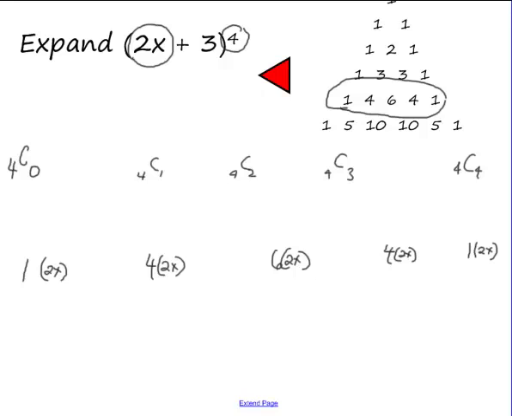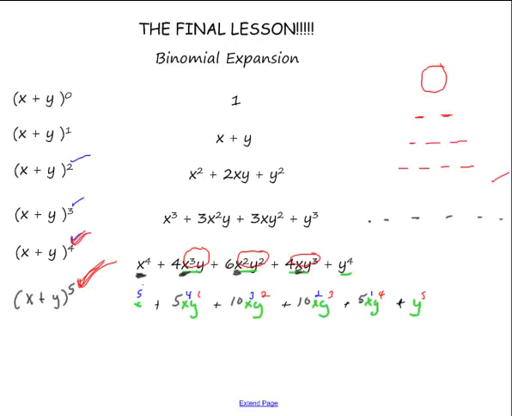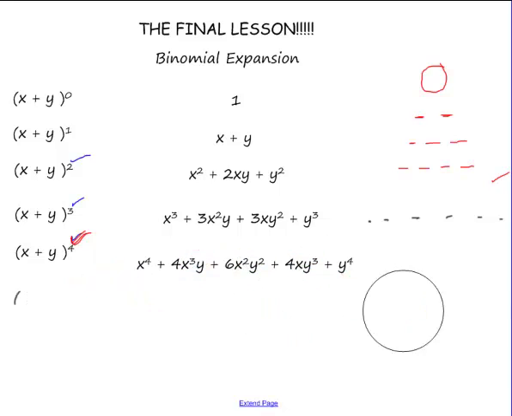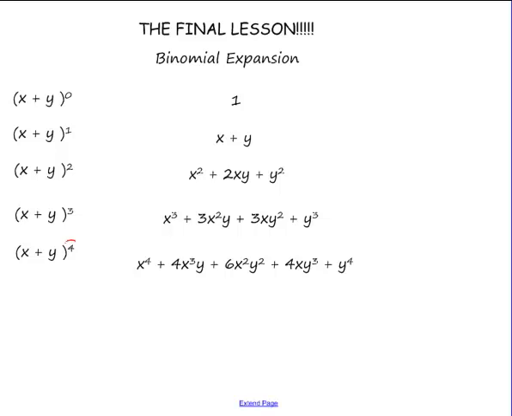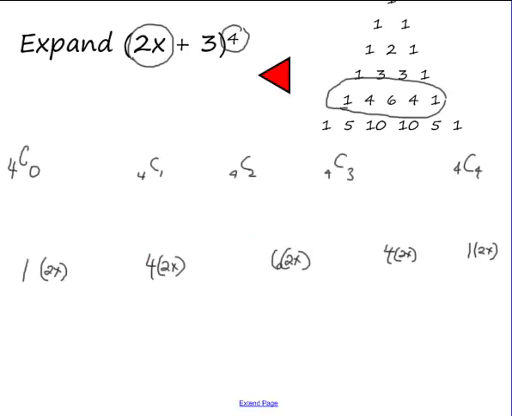Following all those patterns I found, when I expanded something that was raised to a power, the x's went down. Start with the highest and then go all the way down. My highest here is 4, so this would be raised to the 4th power, to the 3rd, to the 2, to the 1, to the none.